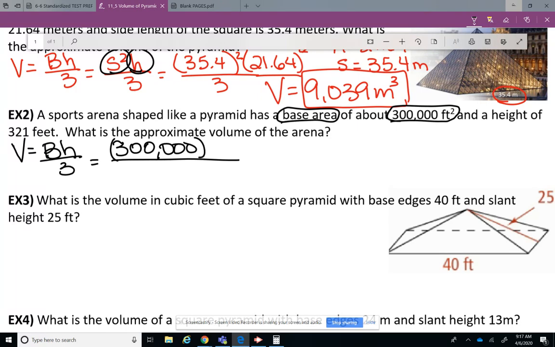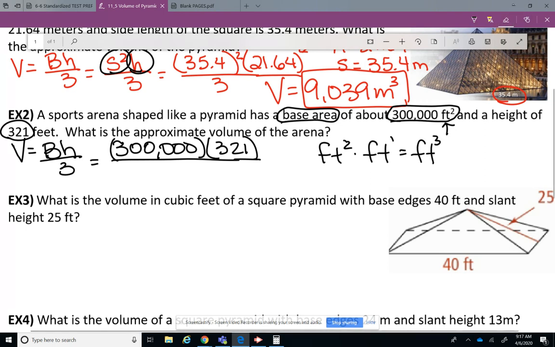And the height is 321 feet. Now notice that the base is square feet. And when you multiply square feet times feet, that's going to be feet cubed. Just so you know why that happens. All right. And then, of course, we have to add to this the divide by 3. I didn't write that part yet.